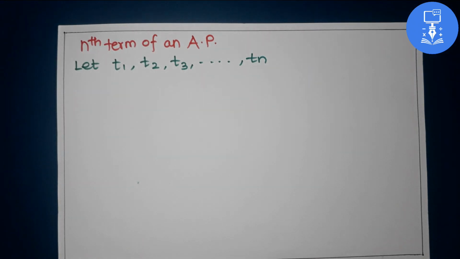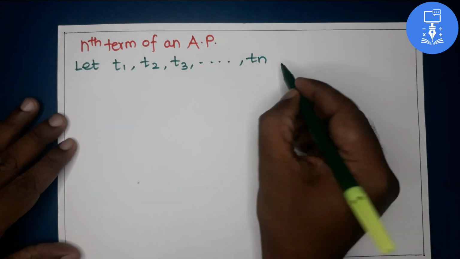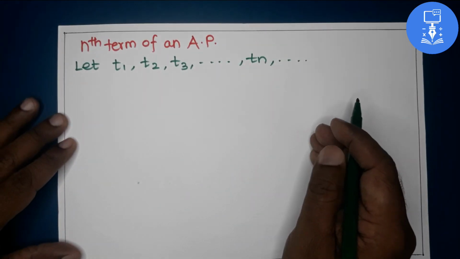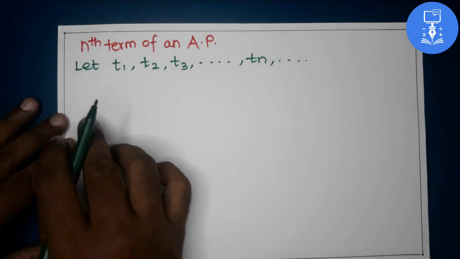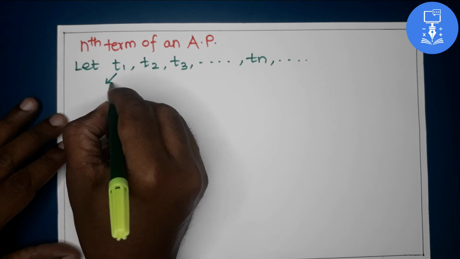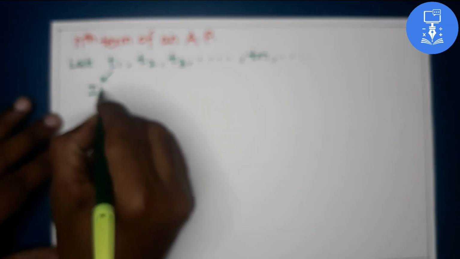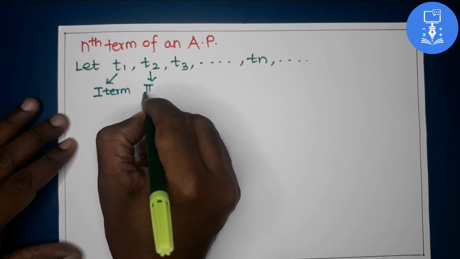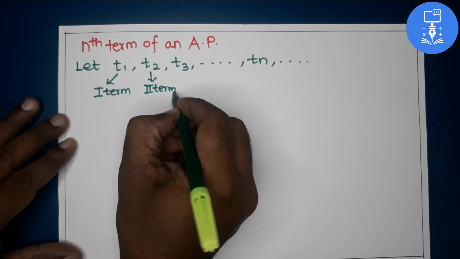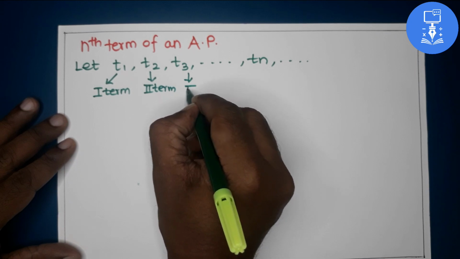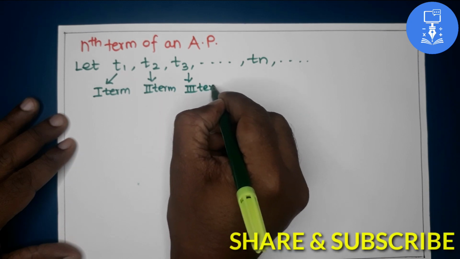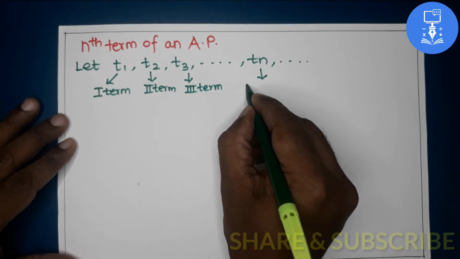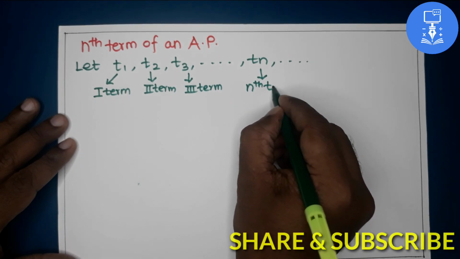Tn is the nth term of the sequence. There may be more terms ahead of n. So T1 is our first term, T2 is second term. Similarly, T3 is third term. In this manner, Tn is our nth term.